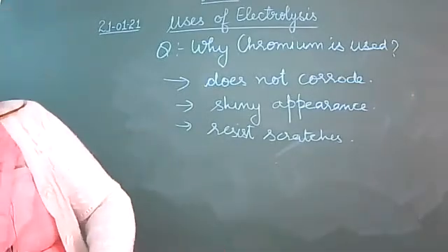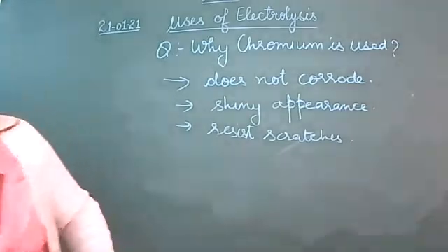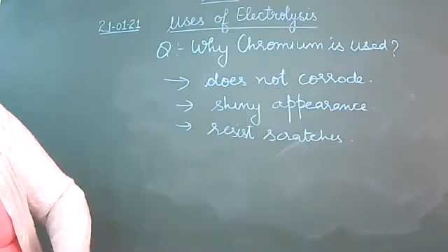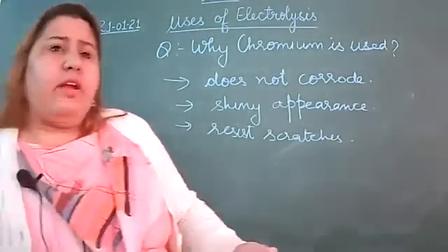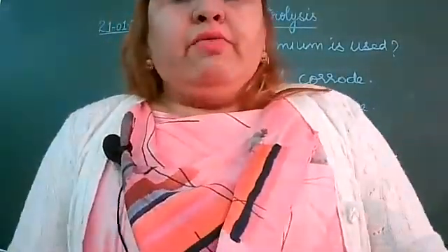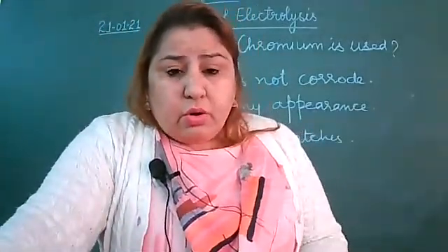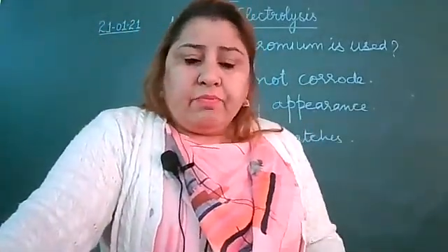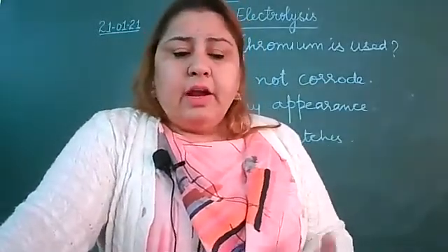Write down another one: why is iron used? Iron is used in a number of things, like bridges and automobiles, and provides strength. But it tends to corrode and rust. So what do we do in that case?